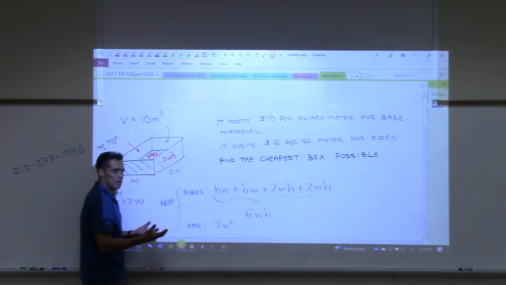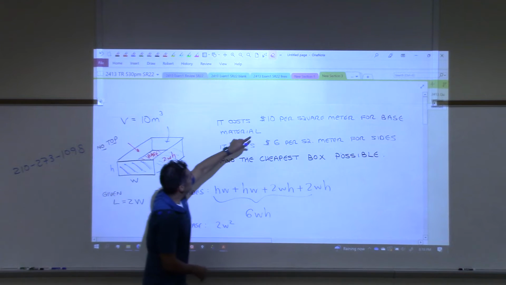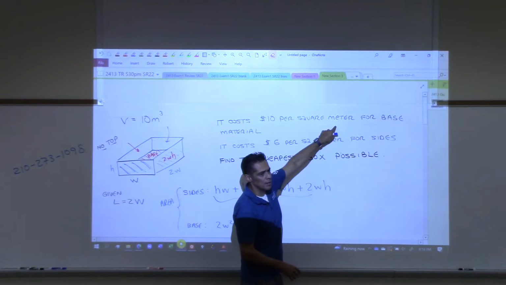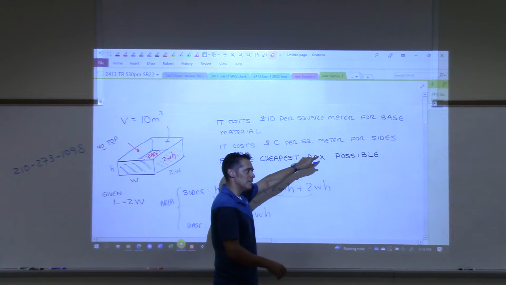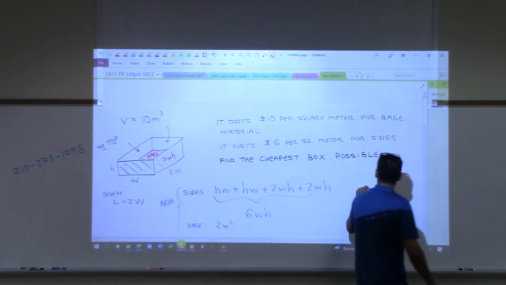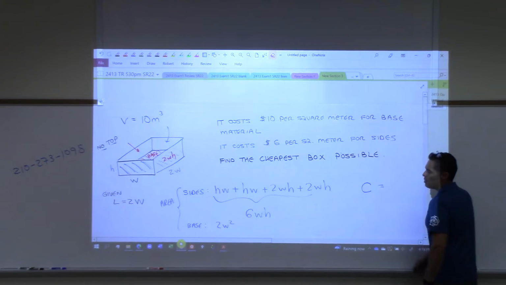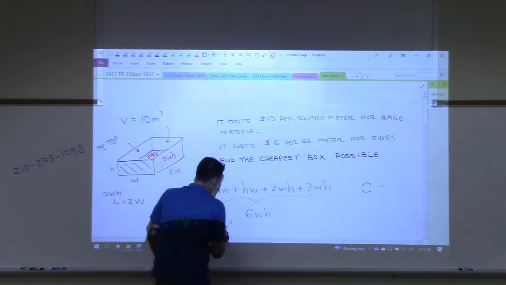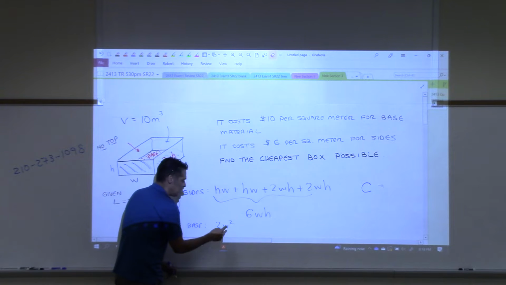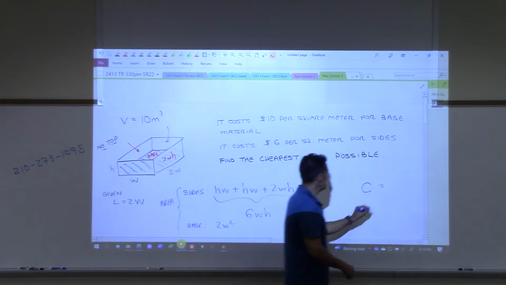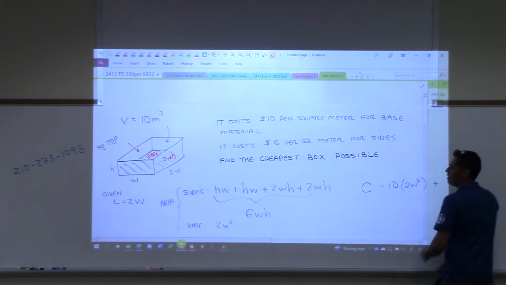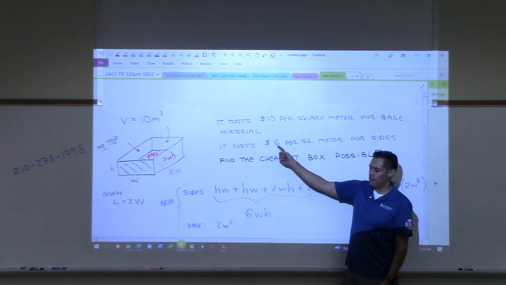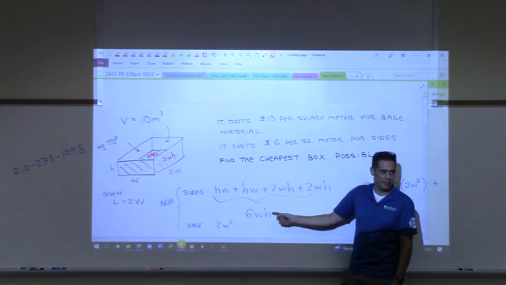Yeah? Now the cost. It's $10 per square meter to build the bottom and $6 per square meter to build the sides. So when it comes to cost, I'm going to call it C. I'm going to have to pay $10 per square meter for the base, so I multiply this times 10. So 10 times 2W squared, plus, then I'm going to have to pay $6 per square meter for the sides.